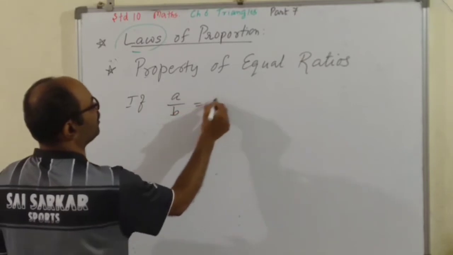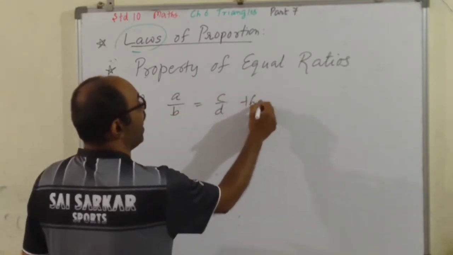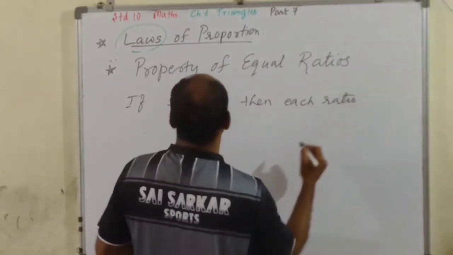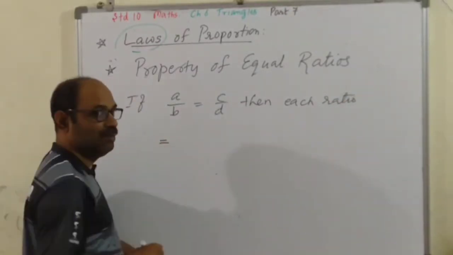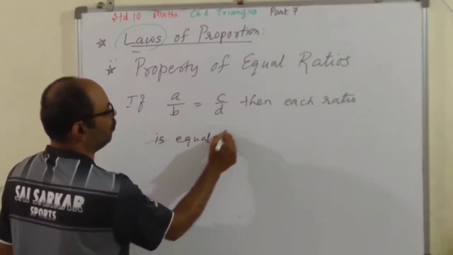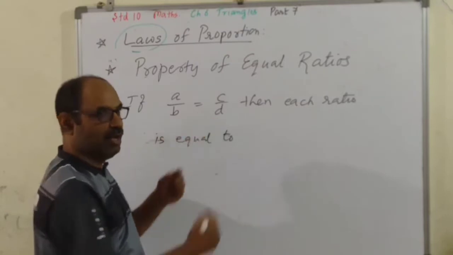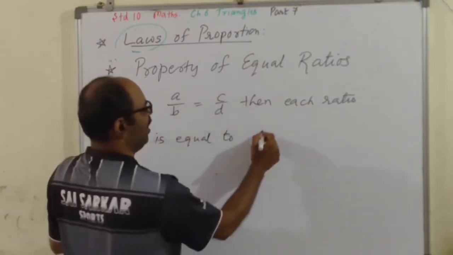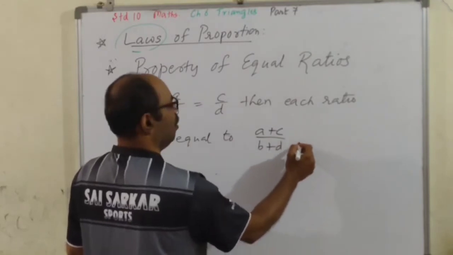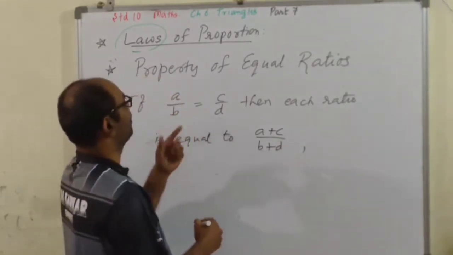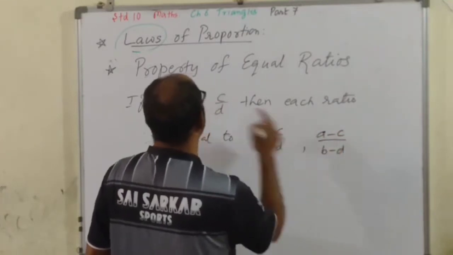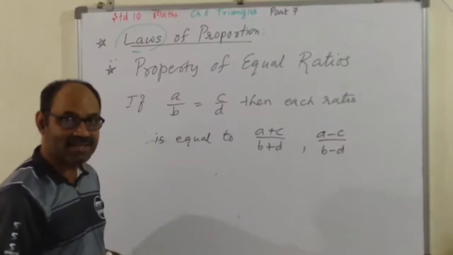If A upon B is equal to C upon D, then each ratio is equal to A plus C upon B plus D. और कोई और भी ले सकते हैं. A minus C upon B minus D.